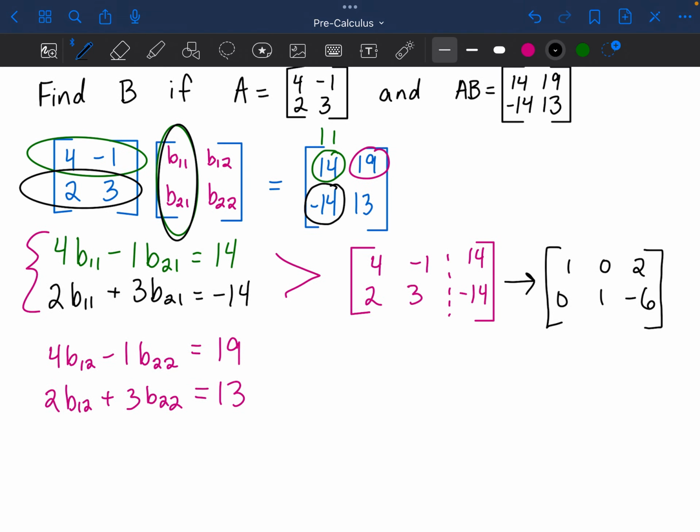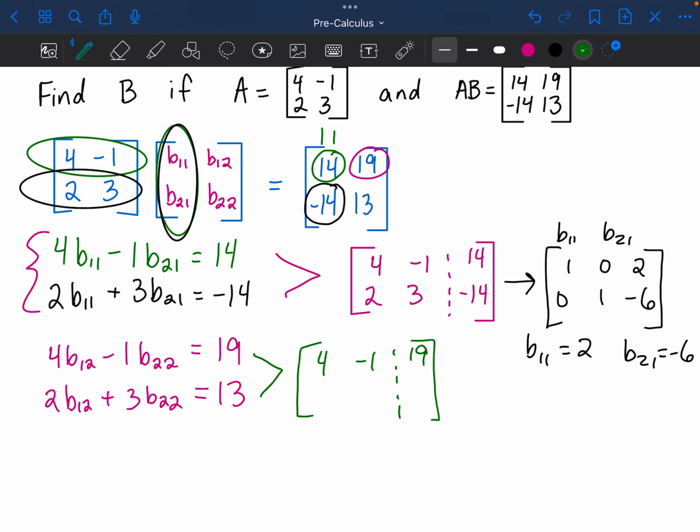That means that since I put B11 here and B21 here, B11 equals 2 and B21 equals negative 6. And we're halfway there. So we'll do the same thing, take these ones, make an augmented matrix: 4, negative 1, 19, 2, 3, 13.